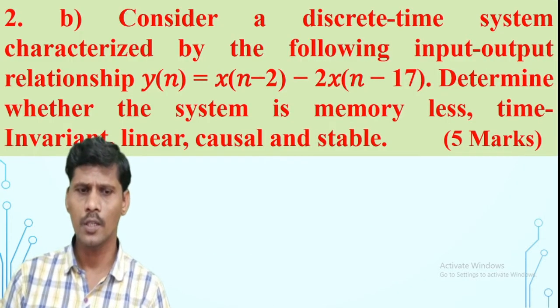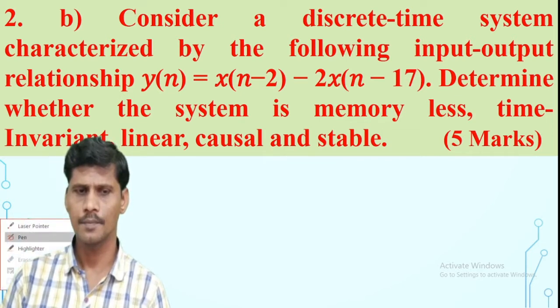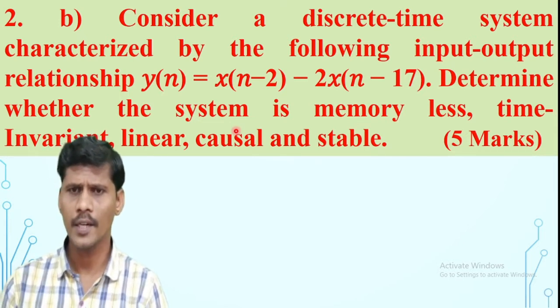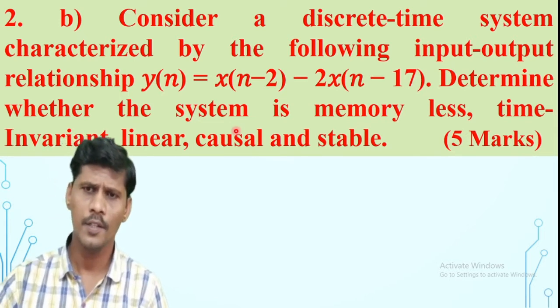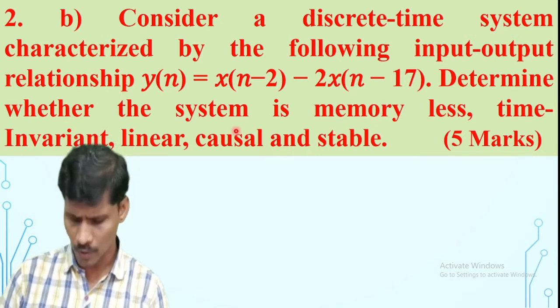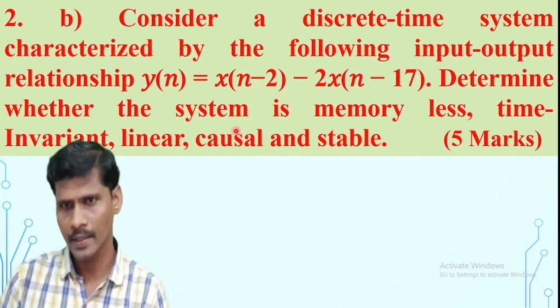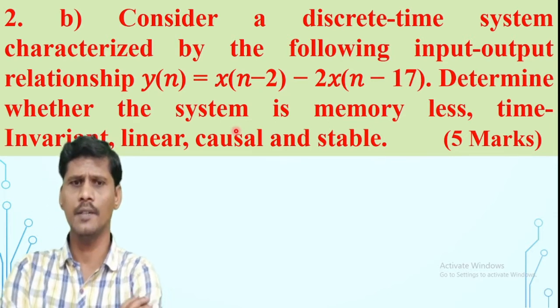Next, coming to question number 2b. Consider a discrete time system characterized by the following input and output relationship: y of n is equal to x of n minus 2 minus 2x of n minus 17.